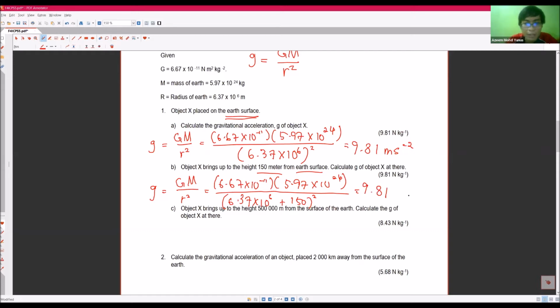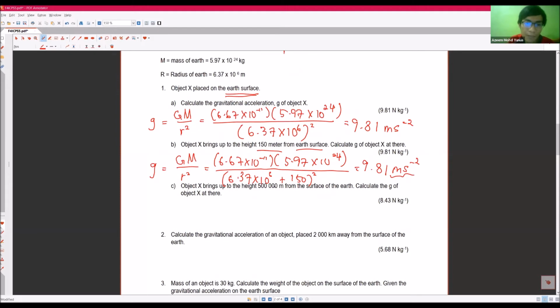So I managed to find the mistake here. Let's back up. Basically, it's not to the power of 26, but to the power of 24. So then we should get 9.81 meters per second squared. So what's the difference between the two above? The number behind is a little bit different, but it doesn't matter because it's still approximately 9.81.